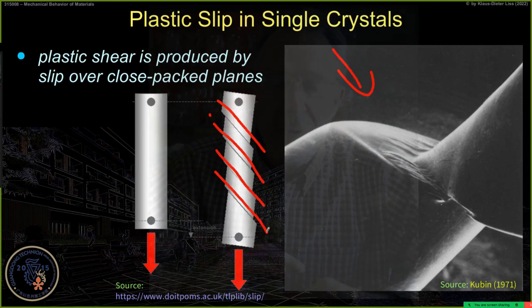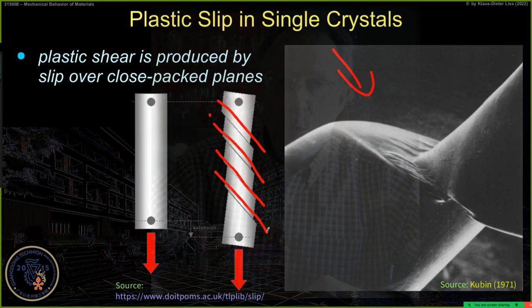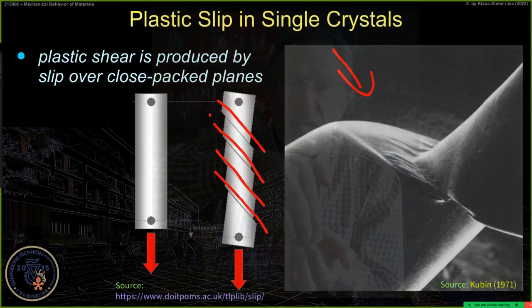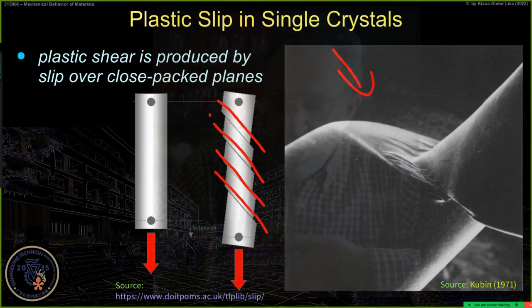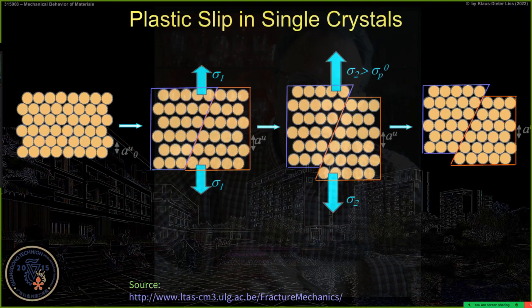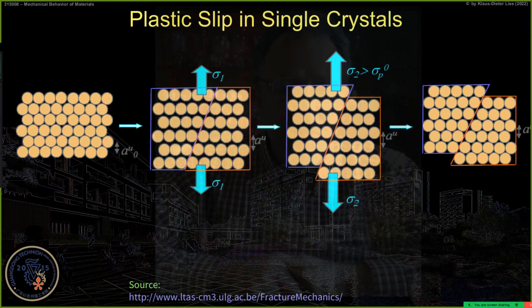And these slip planes are important: they're crystallographic planes where the atoms change from one potential minimum to the next potential minimum, like demonstrated here in that sketch.